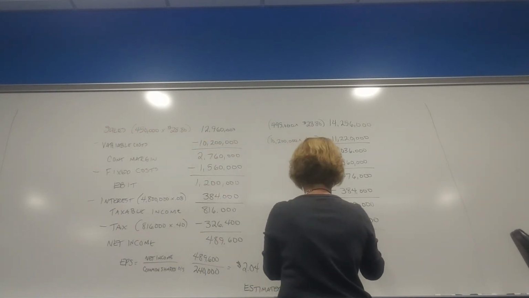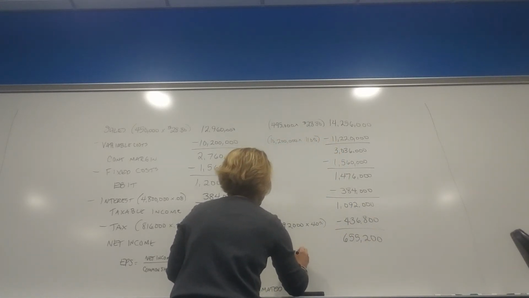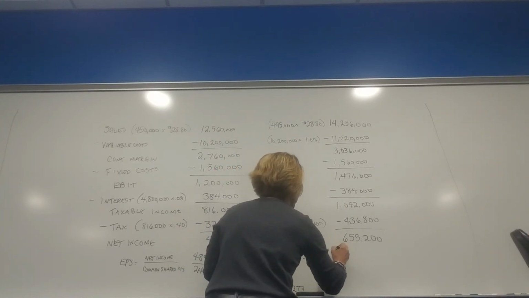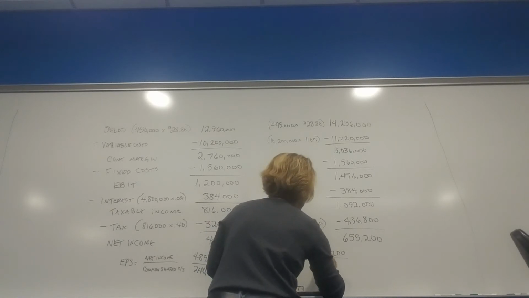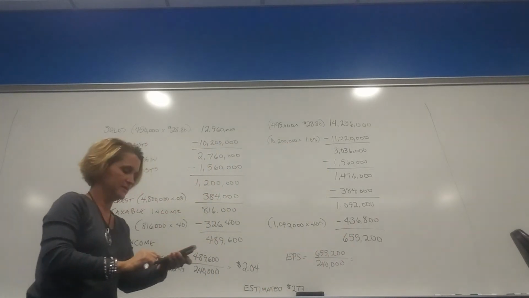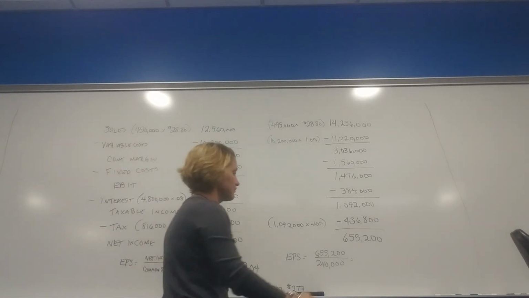So then now I have net income of $655,200, and then if I calculate my earnings per share, I take that $655,200 and divide it by my 240,000 shares, and I get $2.73.